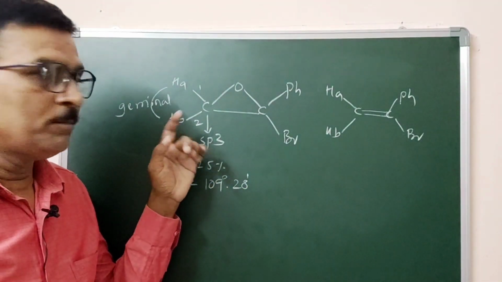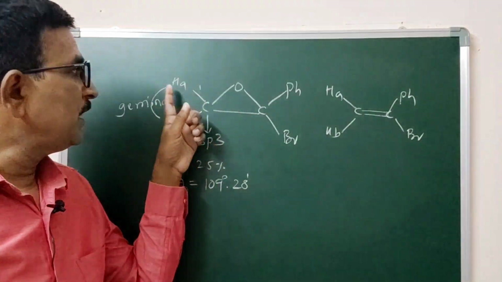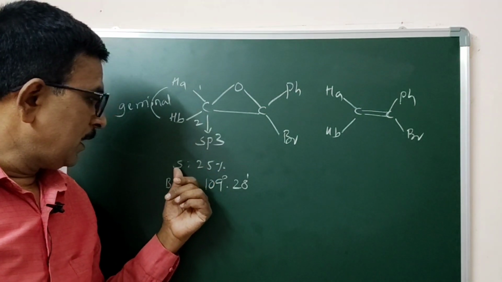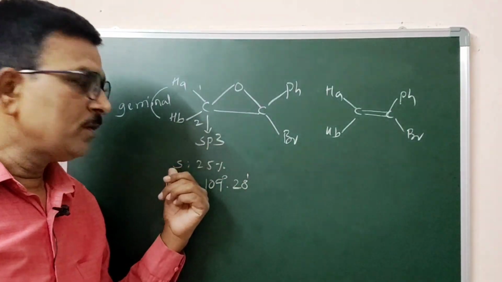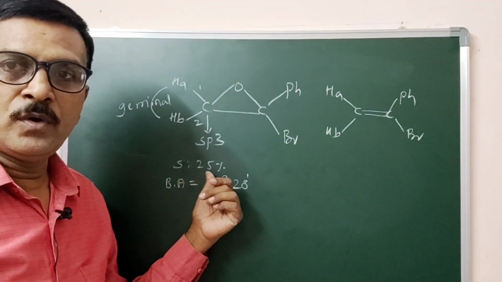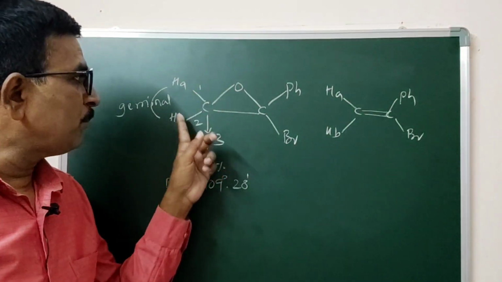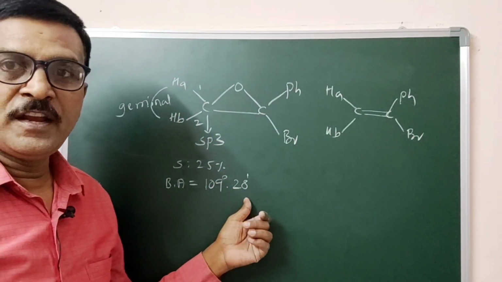In the first example, the carbon bearing the coupled HA and HB protons is sp3 hybridized, with S character only 25%, and the bond angle between the coupled protons is 109 degrees 28 minutes.